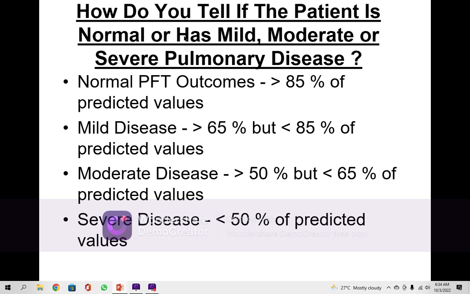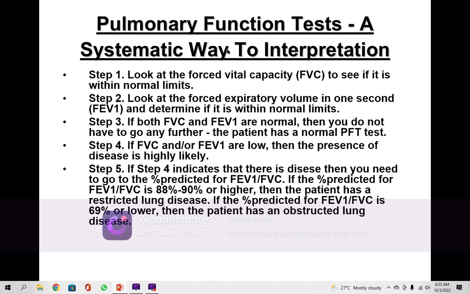To tell whether the patient is normal or has mild or severe disease depends on how much it deviates from the predicted value. The more the abnormality, the more the severity of the disease, which is written here. So it is a good test for systematic interpretation.